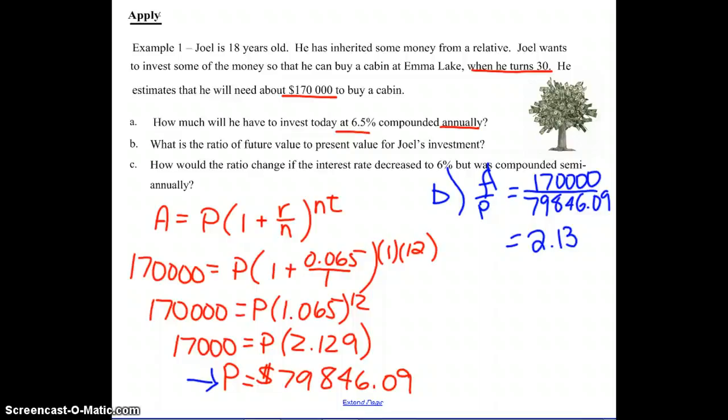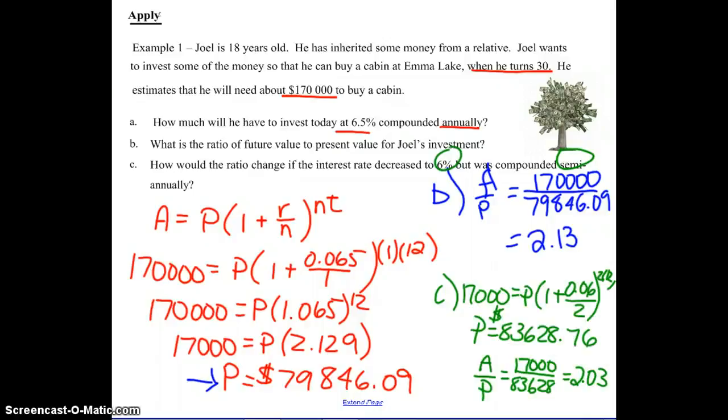Then part C, we're going to do this again, but we're going to now calculate 6% interest semi-annually and find the new ratio to see which investment is better. So after this is completed, you'll get a ratio of 2.03 for the second investment and a ratio of 2.13 for the first one. So which investment is better?